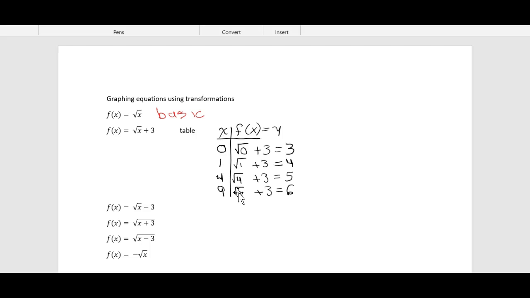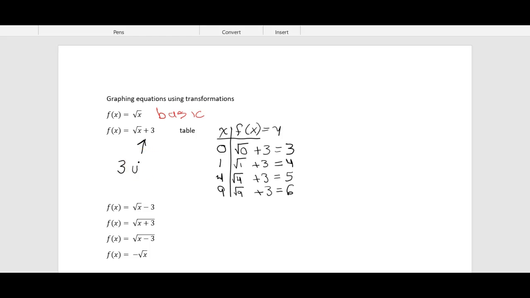So this is the way to create a table, or we must just focus on remembering that this plus 3, it has 3 units, which is completely outside the square root.